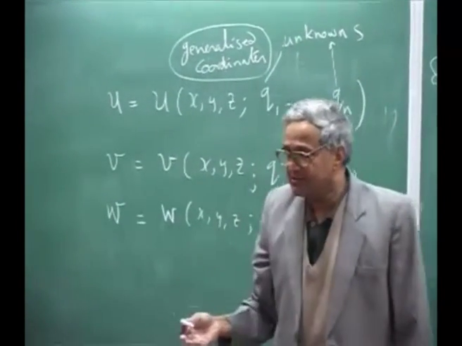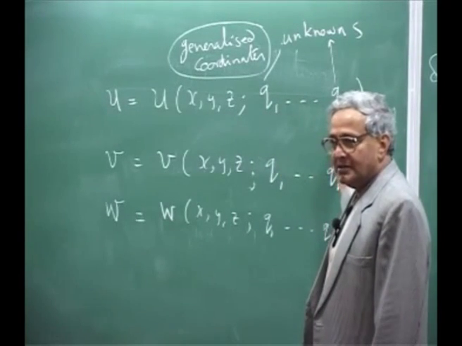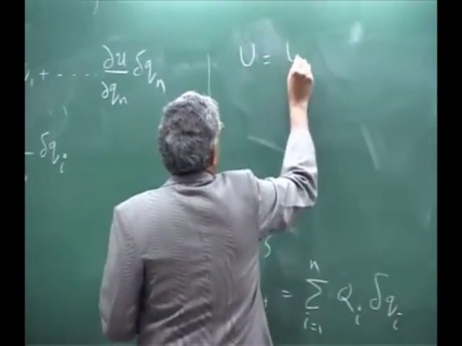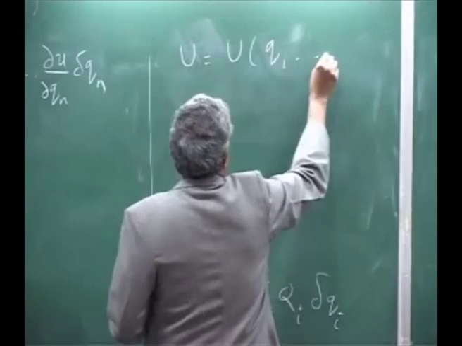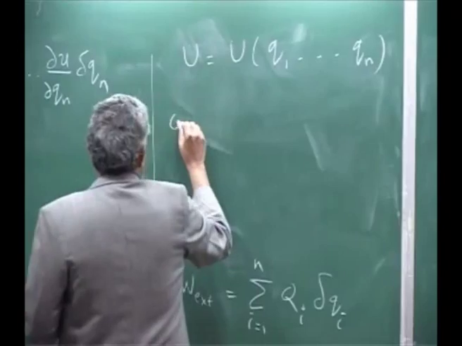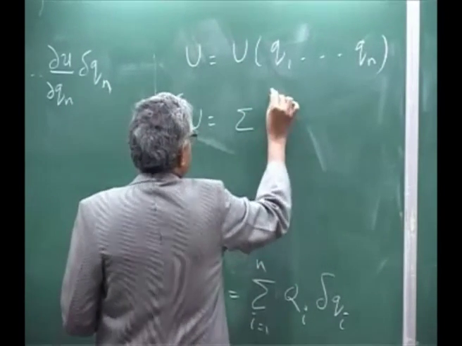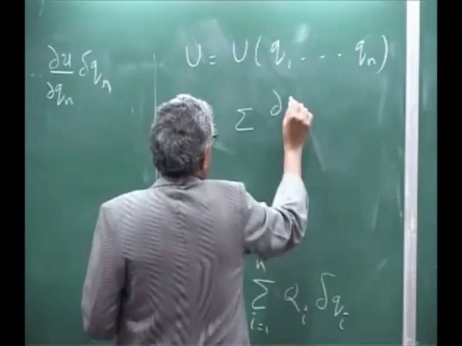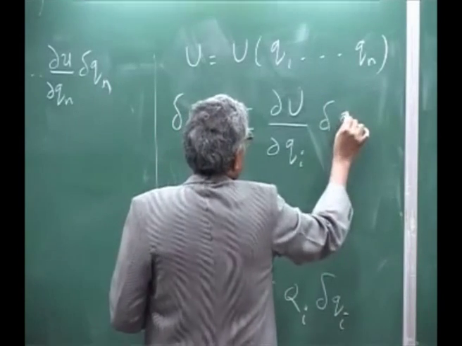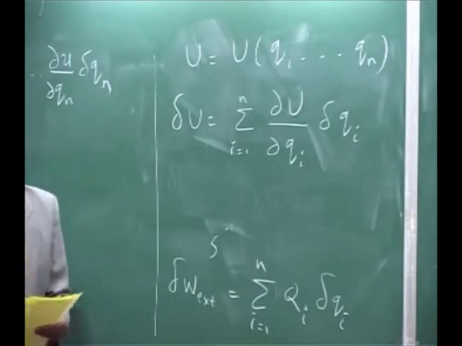So your strain energy is going to be a function of Q1, Q2, Q3, Qn. So you can simply write capital U as a function of Q1 to Qn, and delta U will be summation delta U by delta Qi delta Qi, i running from 1 to n.